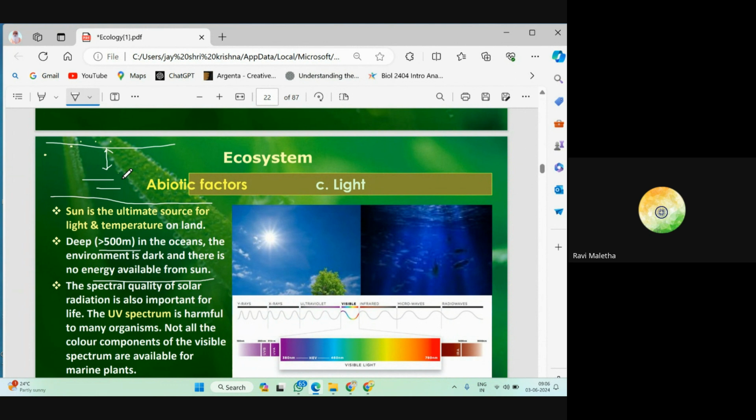For example, an organism feeds on plants or any other animal, the animals residing below this point might be feeding on this animal, and the animals at the bottom might be feeding on those animals. So a kind of food chain is there. After 500 meters, they don't need sunlight. They just take their food from the surface animals.